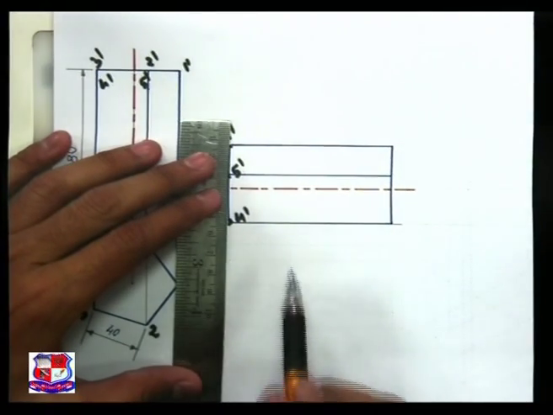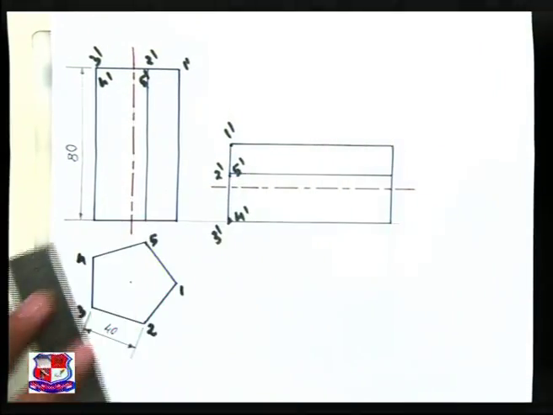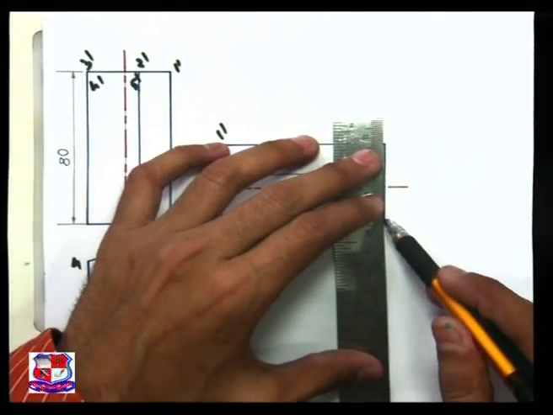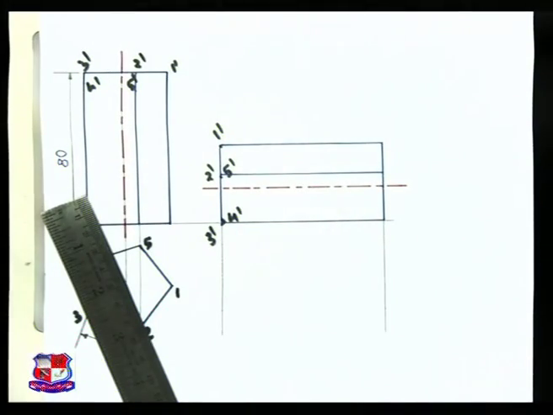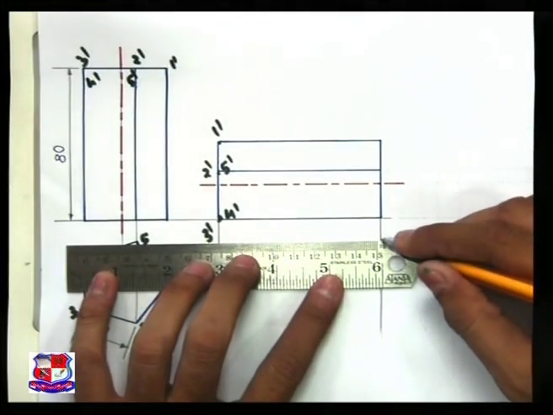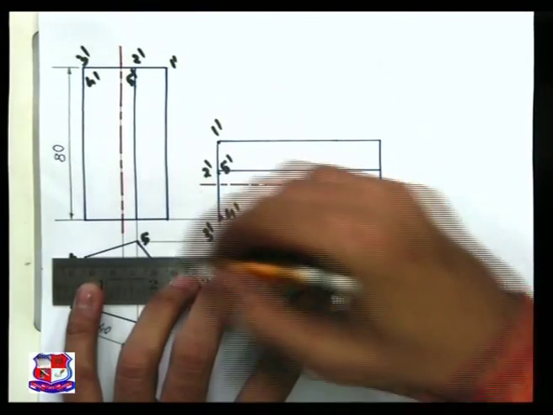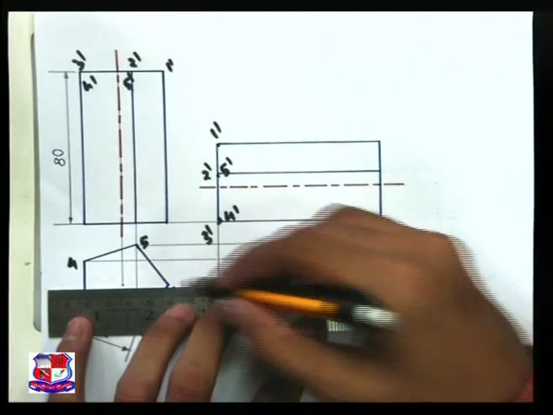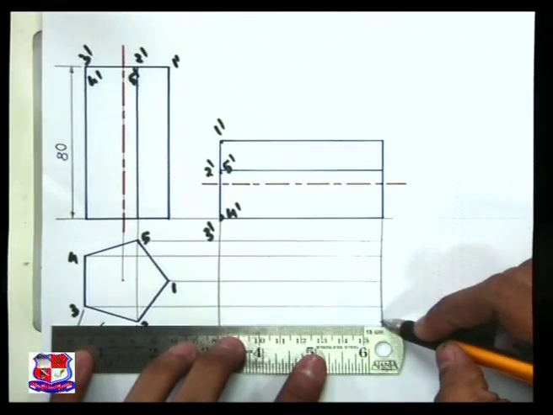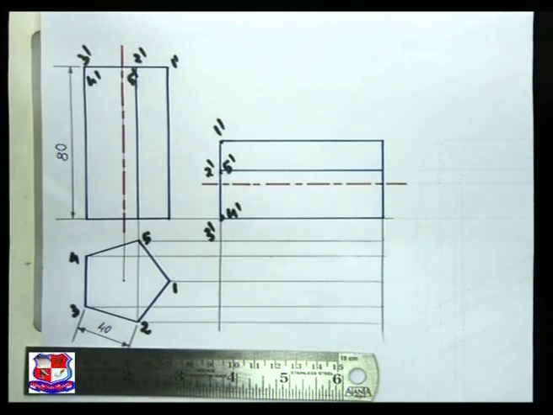Now take the projections from this front view. Vertical lines from here, vertical line from this edge, right? From both these edges, a straight vertical line, also called the projection line, and projection lines from this top view like this: horizontal line from point number 5, horizontal line from point number 4, horizontal line from point number 1, horizontal line from point number 2, and from point number 3, and join all these points with a straight line.